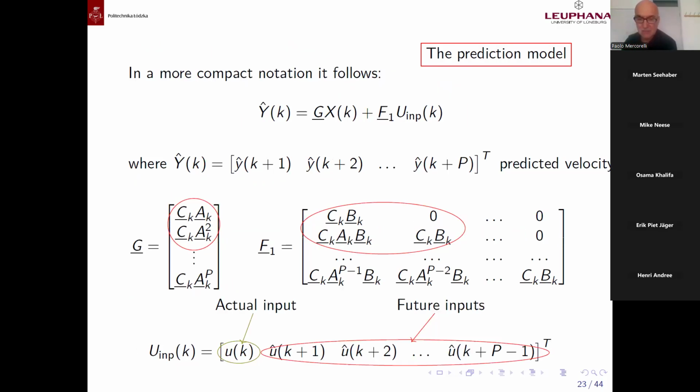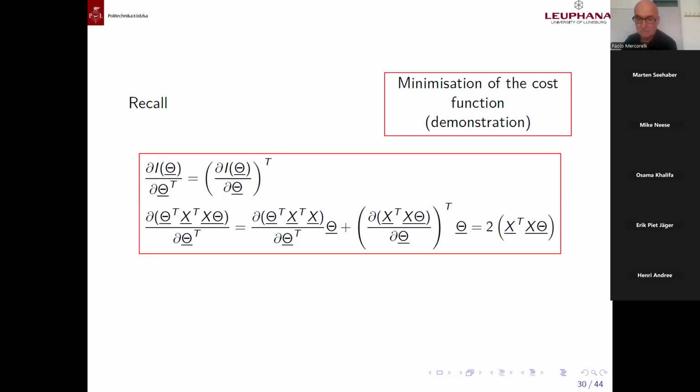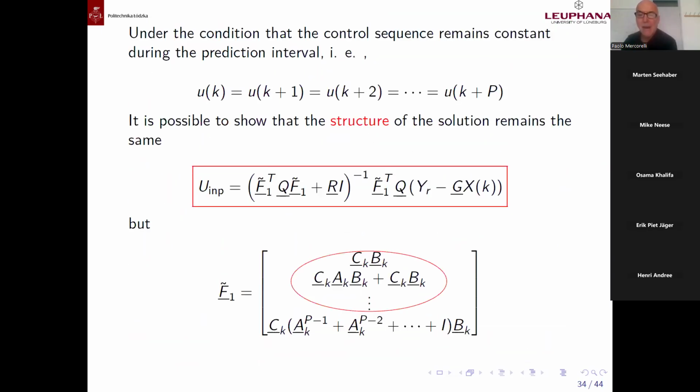This means what change? If every element of U is UK, we have F1, which I will call here F1 tilde, with just one column, if I have just one input, of course.